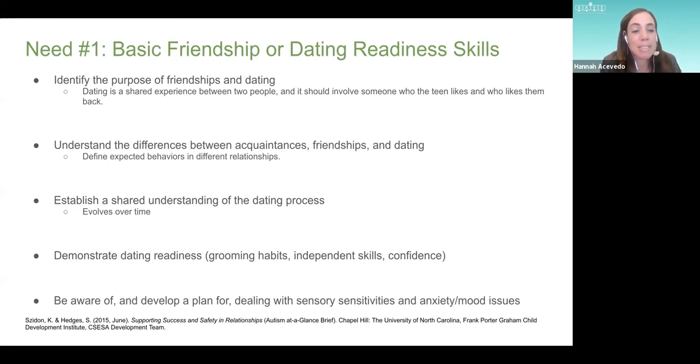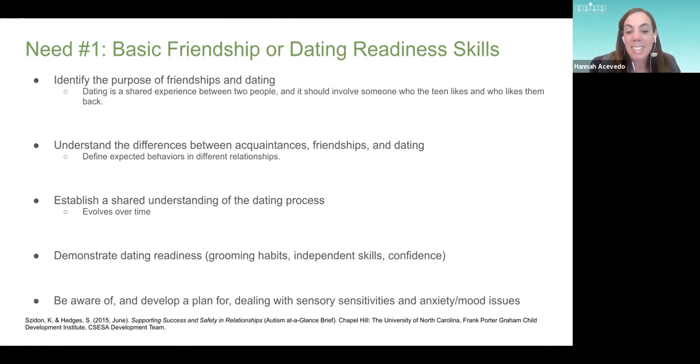Also, we sometimes need to help the individual understand that the dating process or the friendship process evolves over time. So sometimes, things will start as a friendship, and you'll learn more about the person and see if you have shared interests before moving on to thinking about dating.